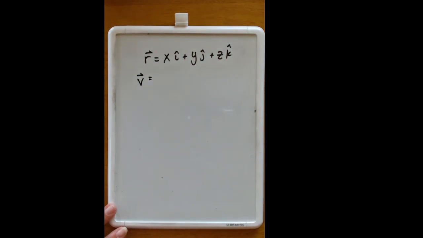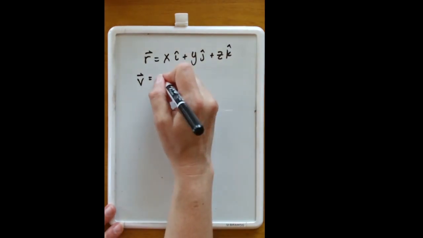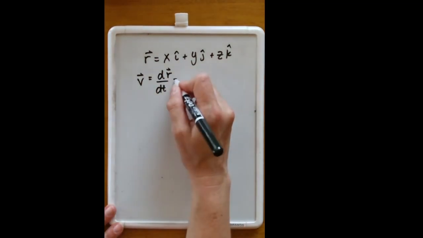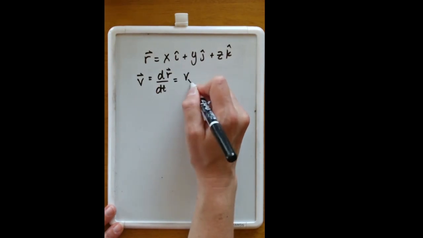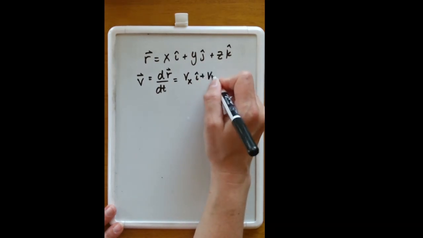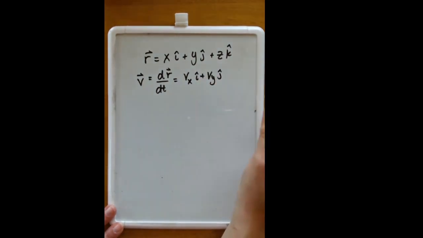I'll just write it like this, dr/dt is what we start with. And when you take the derivative of that vector r, you get velocity: the x component of velocity in the i hat direction, plus the y component in the j hat direction, plus the z component in the k hat direction.